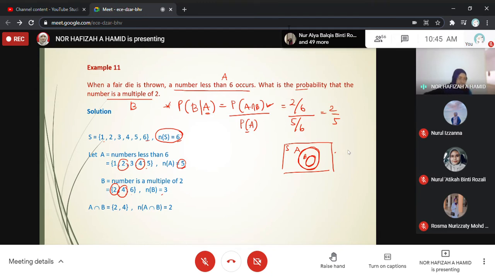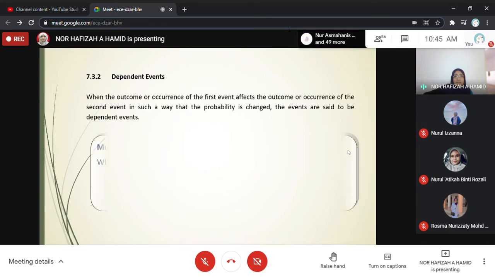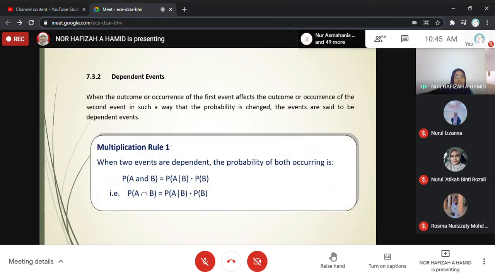Next we have dependent event. Okay, so we have multiplication rule 1.